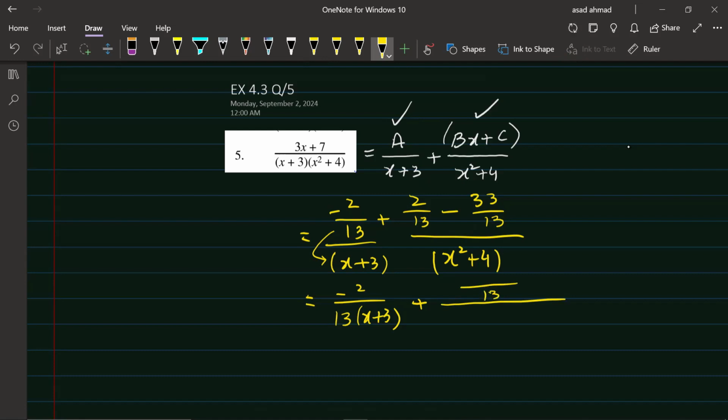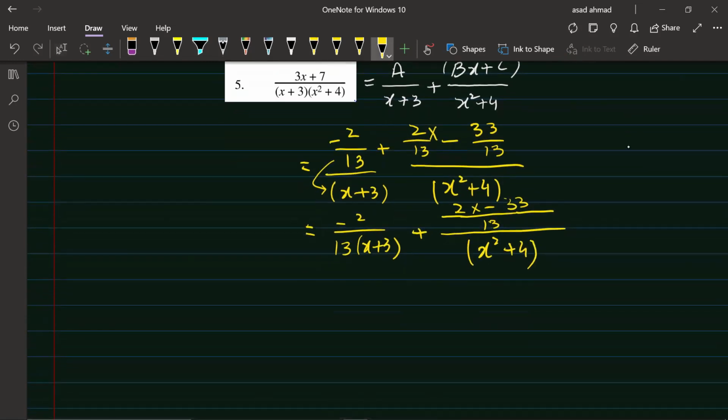That is 13. 1x was also there. So take up the LCM right here. It will become 2x minus 33. And the denominator will contain x square plus 4.